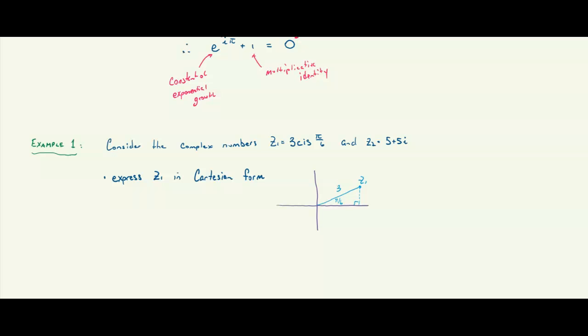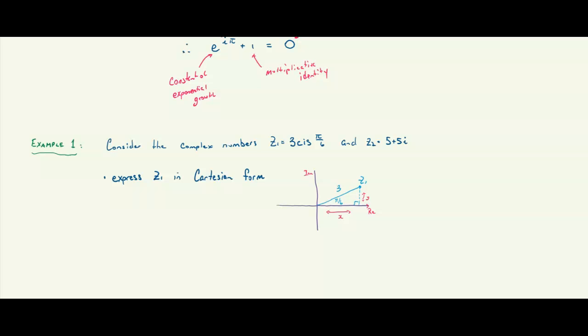Okay, so I need to know these distances here, don't I? I need to know this distance and this distance as my x and y, so that I can represent it in Cartesian form. So I need to know what cos and sine of pi on 6 are.